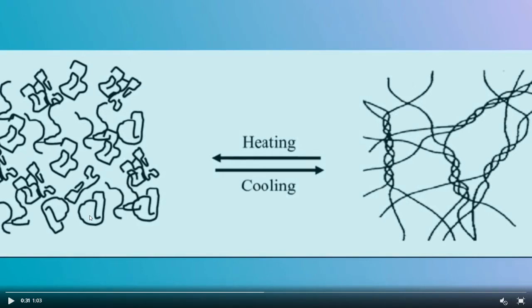Chemists call this a hydrogen bond. If you heat the water up, this hydrogen bond will break and the water molecules will drift away. As the water cools, it slows down until this weak bond can be reestablished, linking the water to the gelatin chain again.